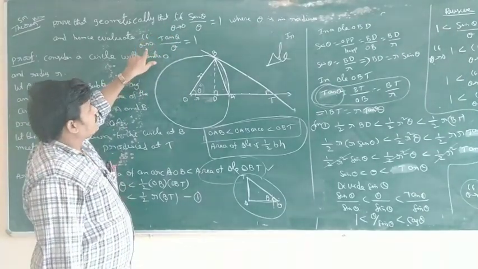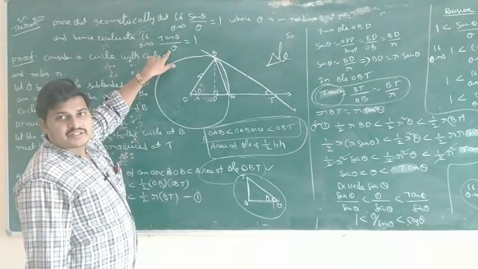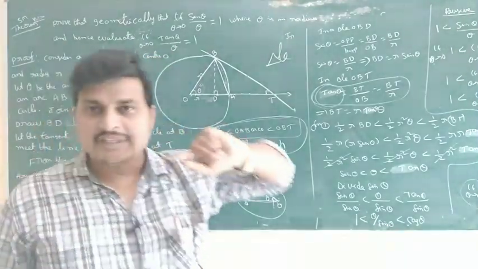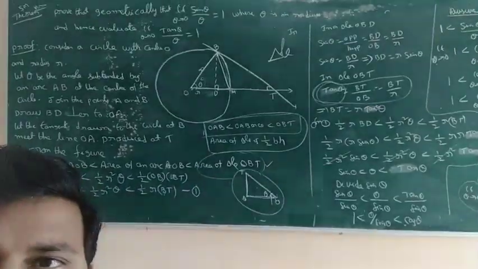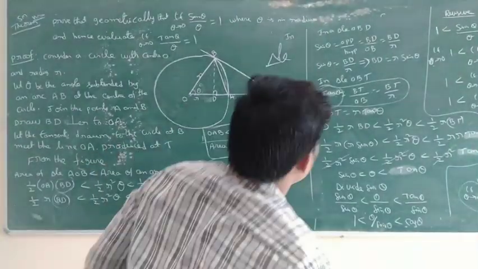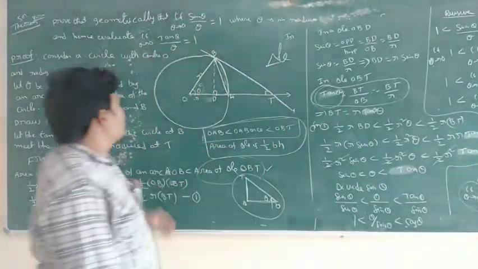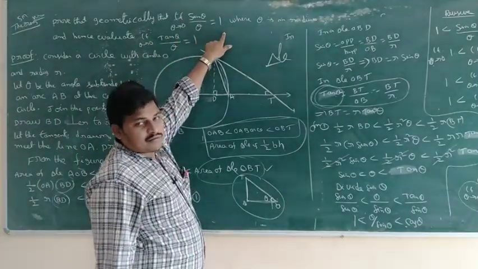The limit theta tends to 0 tan theta by theta equal to 1 also comes from sin theta by theta is equal to 1. So we will prove limit theta tends to 0 sin theta by theta is equal to 1.